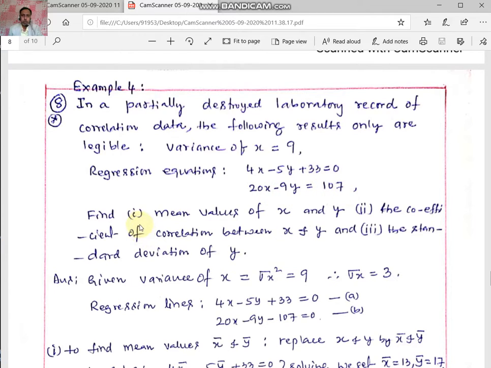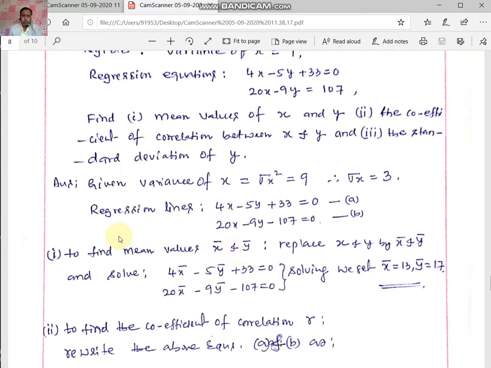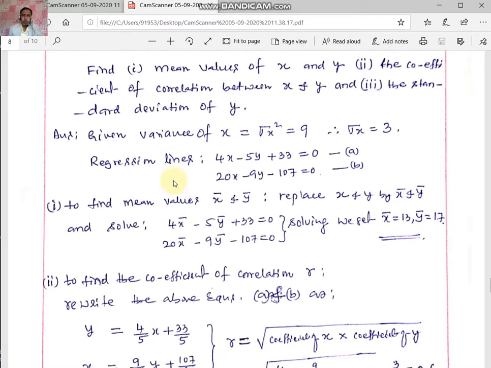The question is, find the mean values of x and y, the coefficient of correlation between x and y, and the standard deviation of y, that is sigma y. In the answer, given variance of x, that is sigma x square, is equal to 9, therefore standard deviation sigma x is equal to 3.